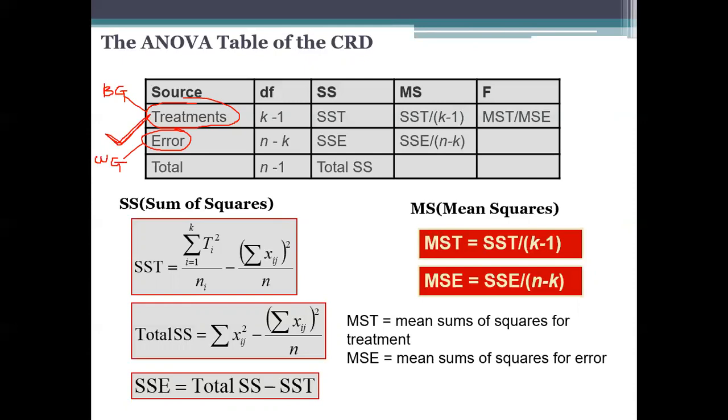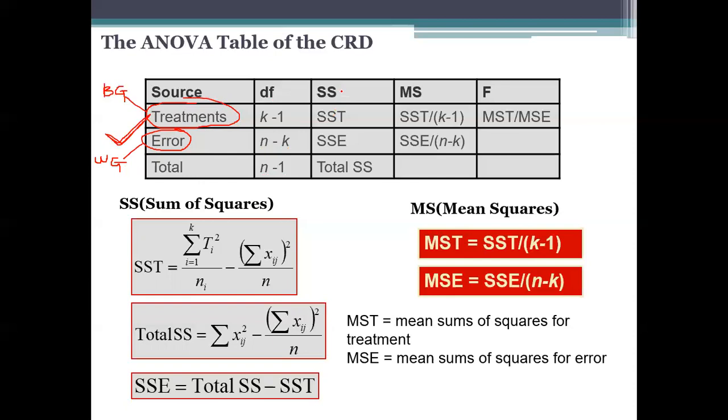The degree of freedom for treatment or between group is K minus 1, the treatment minus 1. The degree of freedom for error or within group is the sample size minus K, sample minus treatment. And the total is the sample minus 1.